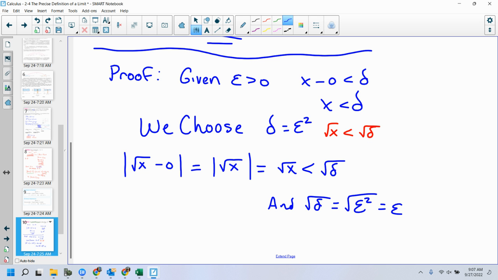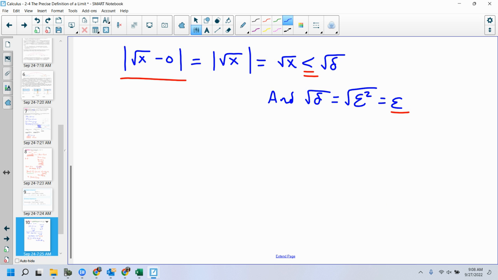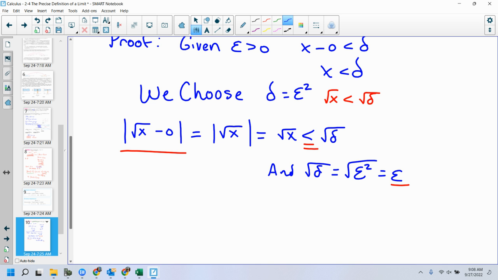So what did we just say? We just said that this was less than this, and don't mistake that for an or equal to. That, my friends, is the conclusion of the precise definition of a limit.